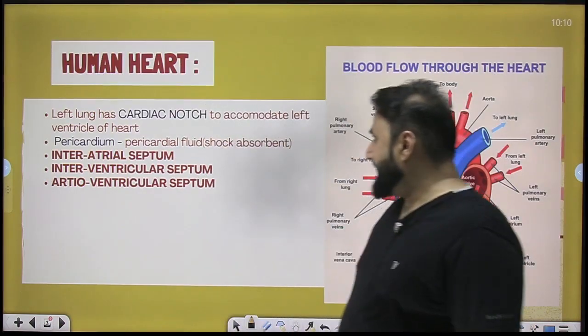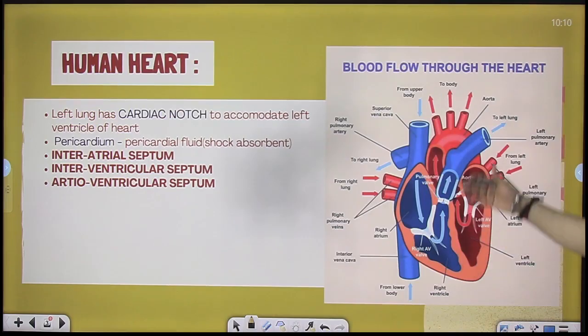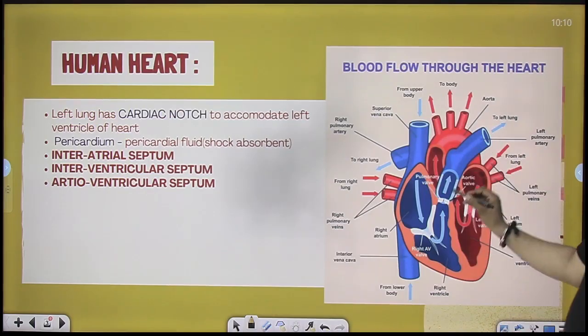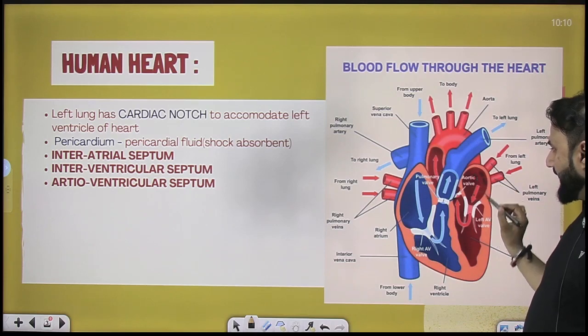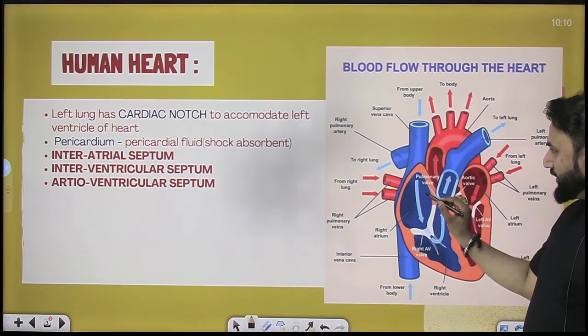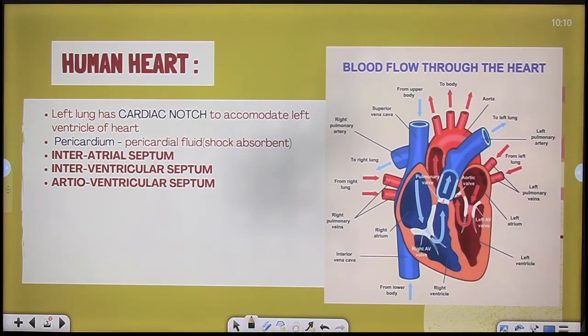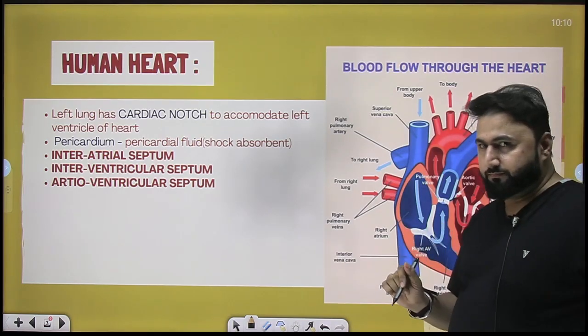Moving towards the next slide. Here, this is a picture of the heart. We will be having the four compartments of the heart, that is your left auricle, left ventricle, right auricle, right ventricle. Between the left auricle and left ventricle, there is one bicuspid valve, also known as the mitral valve.